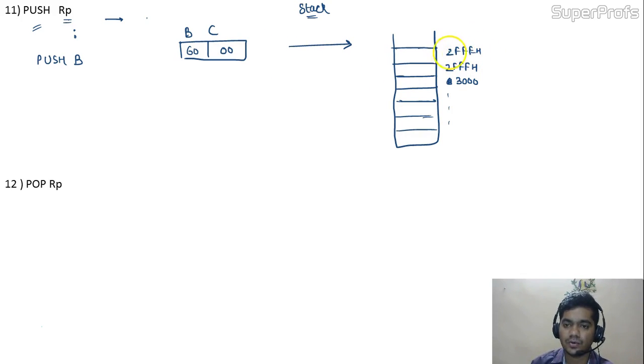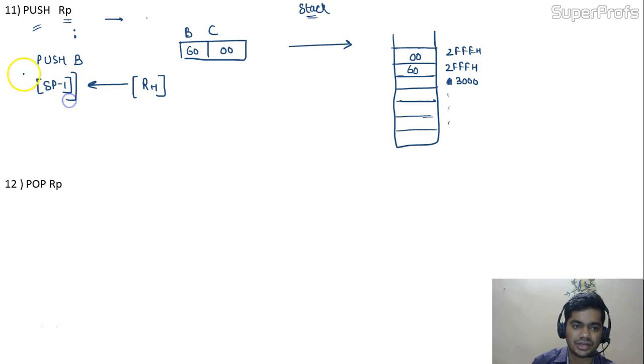As it is a lower address, lower byte data would be stored, and at the higher address, higher byte data would be stored. So with the help of the push operation, what we are doing is that the higher byte data would be stored to the SP minus 1 memory location.